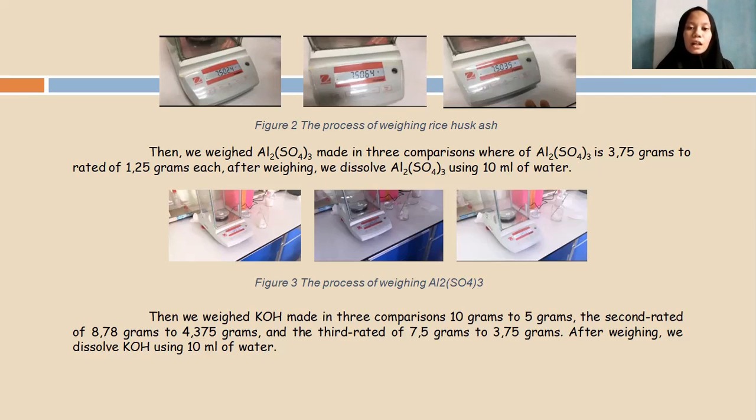Then we weighed KOH made in 3 comparisons, 10 grams to 5 grams. The second is 878 grams to 4.375 grams, and the third is 7.5 grams to 7.375 grams. After weighing, we dissolved KOH using 10 ml of water.